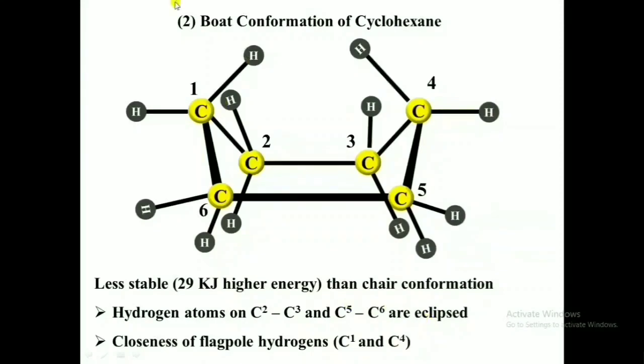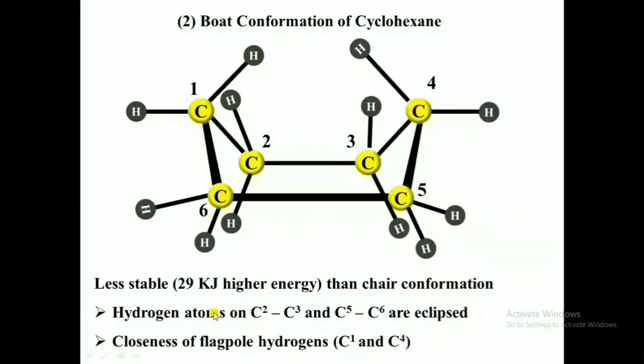That means all the hydrogen atoms on these carbon atoms are very close to each other, which you may not get a feel for from this picture. As I told you in a previous lecture as well, when you examine this structure, you can see plenty of space between these carbon atoms, but in reality, if you make a model using ball and stick, you will realize there won't be this much space, and you will clearly understand that these hydrogen atoms are very close to each other.